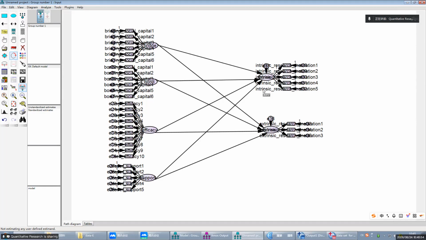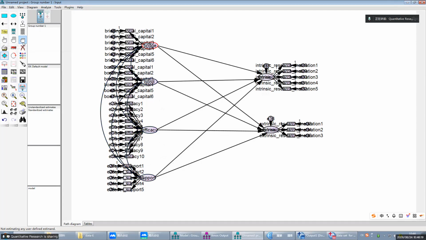What else? I should add covariances between the predictors, right? Yeah. So covariances. Okay. What should I do next?